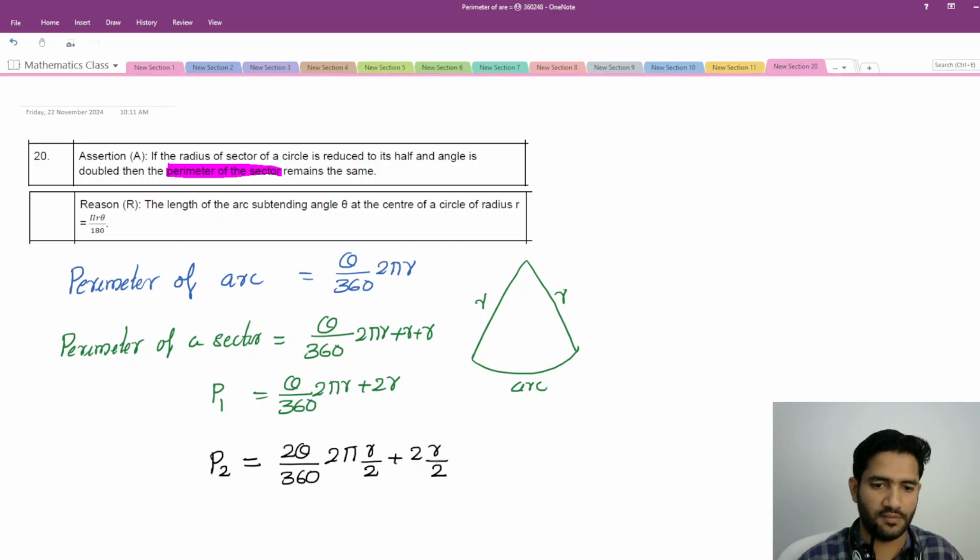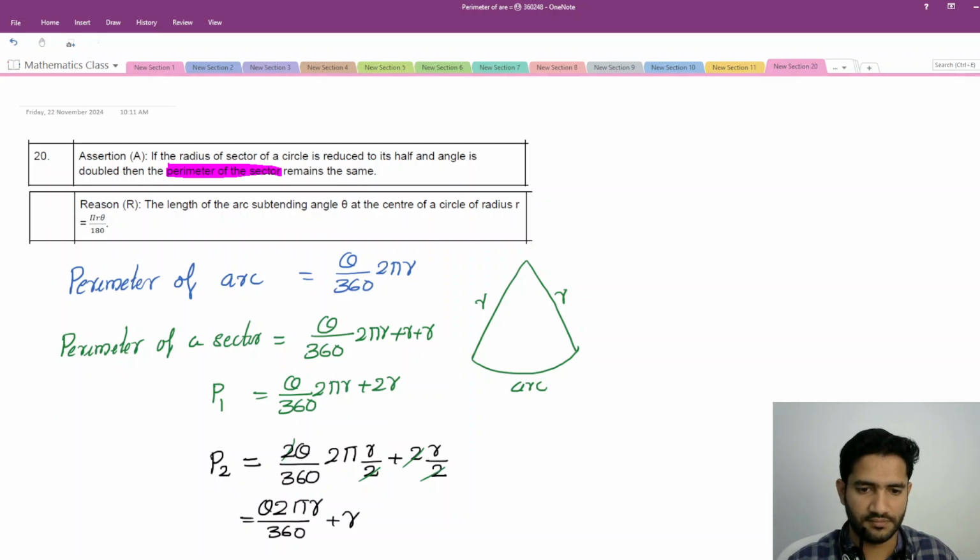We can cancel the 2 and 2. So we will get 2 pi theta r by 360 plus r. This is the answer for the second perimeter.